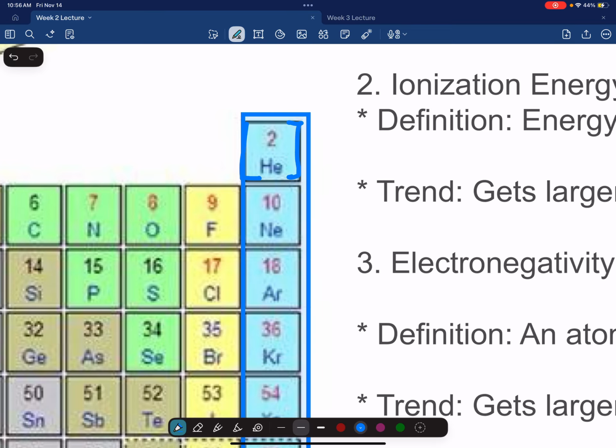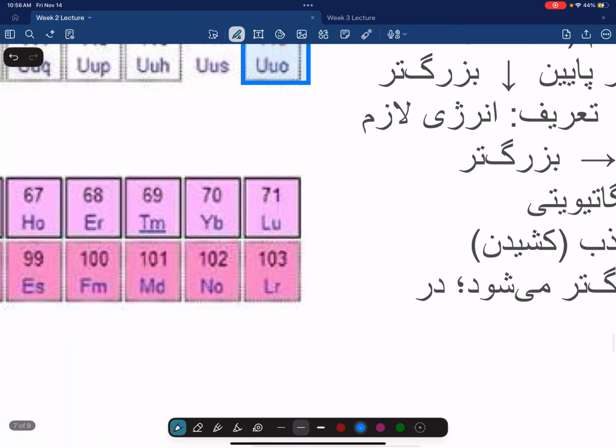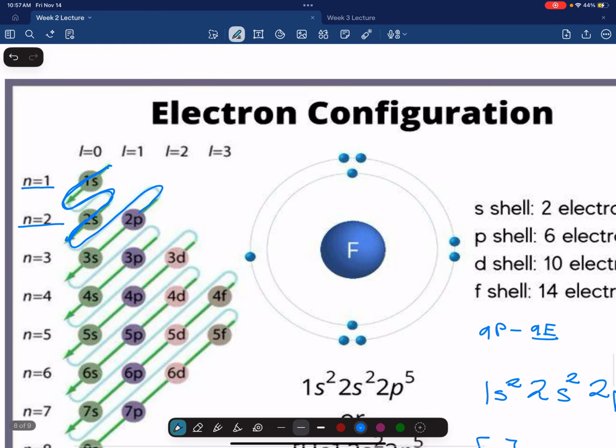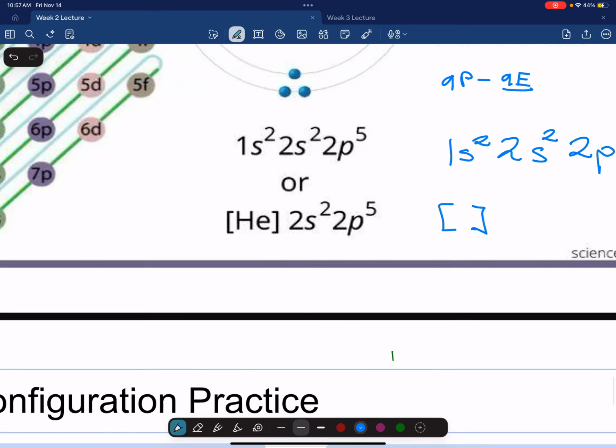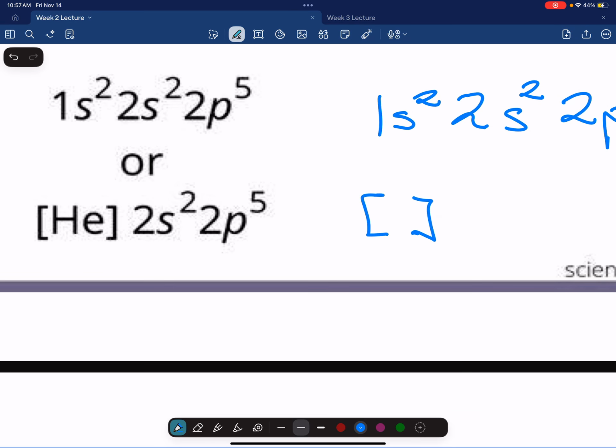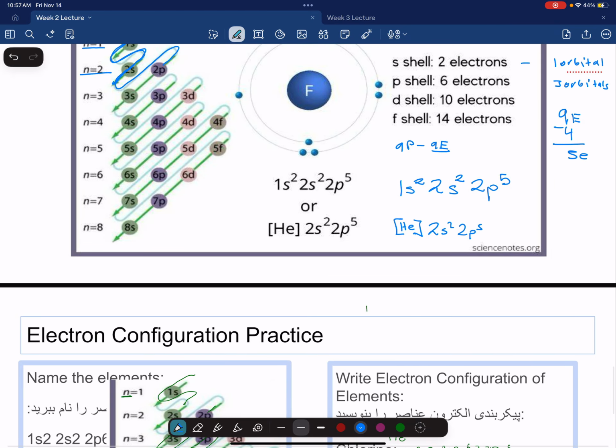So we can always simplify our electronic configuration by replacing the electrons with one of our noble gases. So helium represents 2 electrons. We can just replace 1s2 with it, but we're still going to continue with 2s2 and 2p5, representing our electronic configuration.